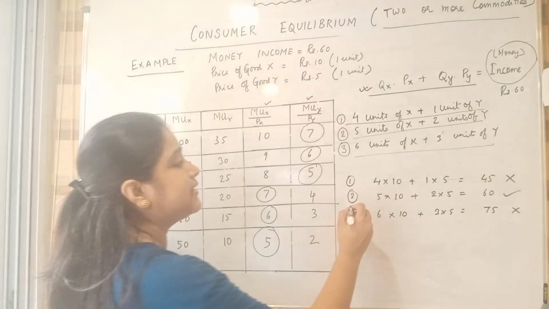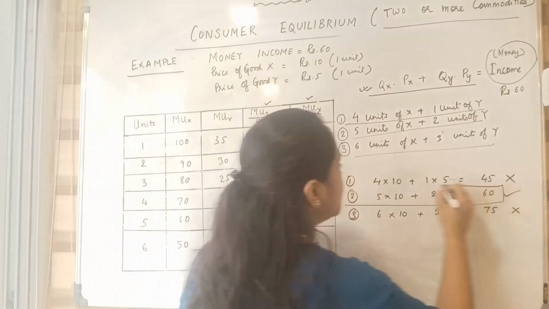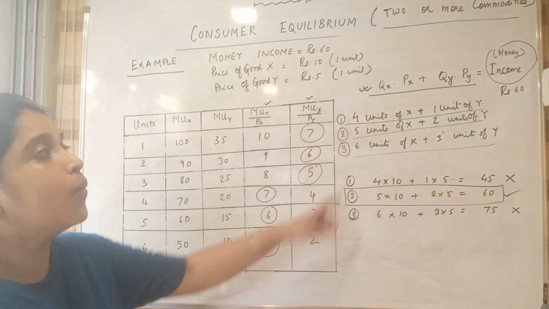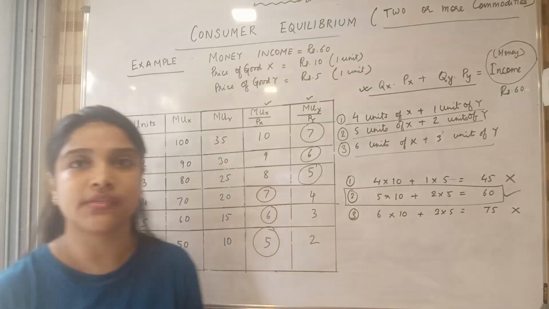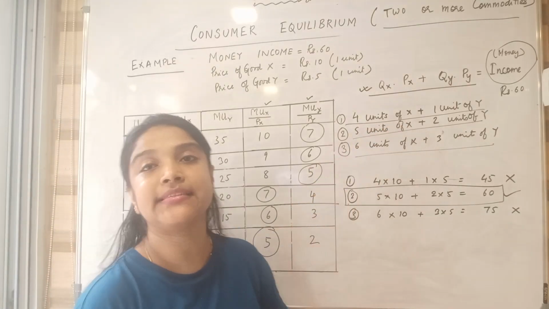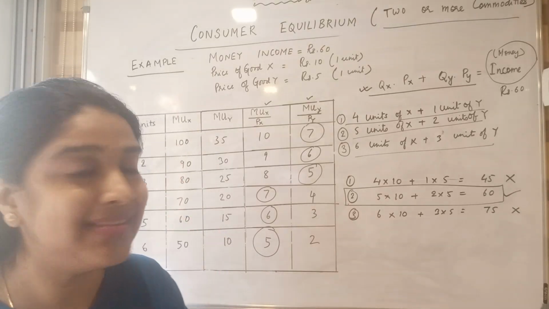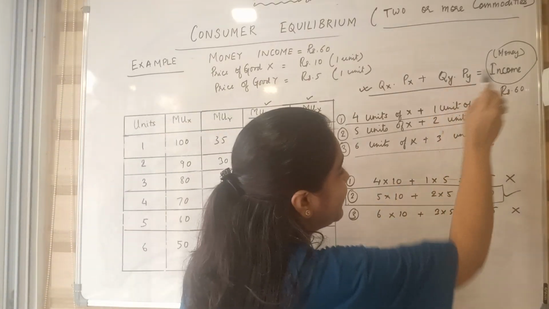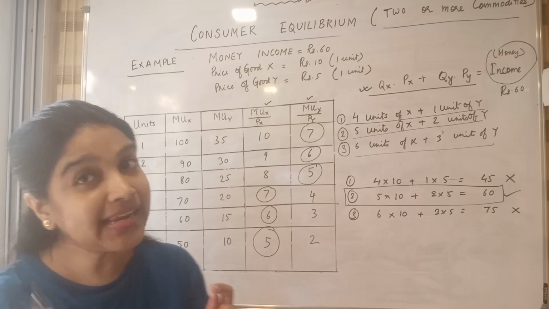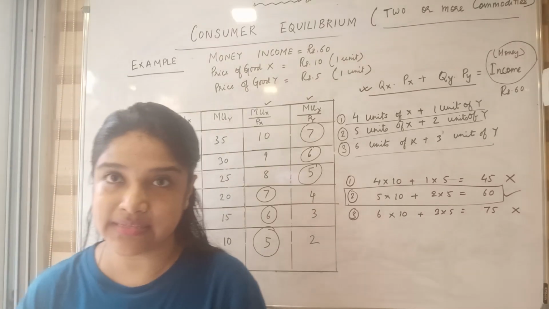So only at condition number 2, that is when the consumer consumes 5 units of good X and 2 units of good Y, the consumer spends all his money income on both the goods and receives maximum satisfaction.